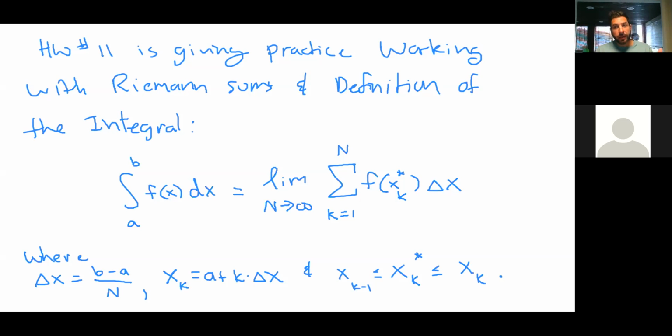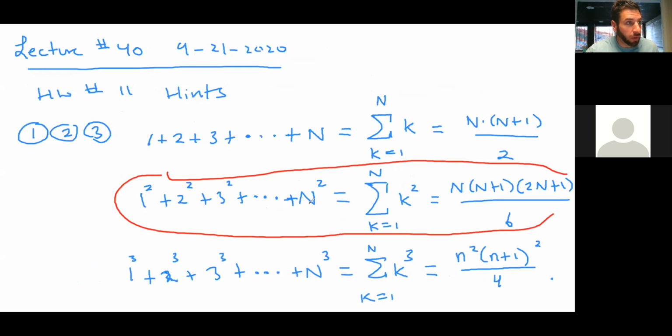But while you're doing them, you're going to recognize there is a pattern. And the pattern you're going to see is this creature right here circled in red. Once you recognize that pattern, you can take a limit of that as n goes to infinity. That's the definition of the integral.